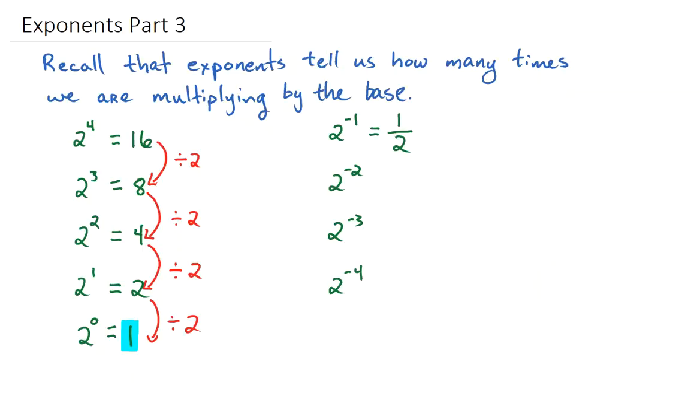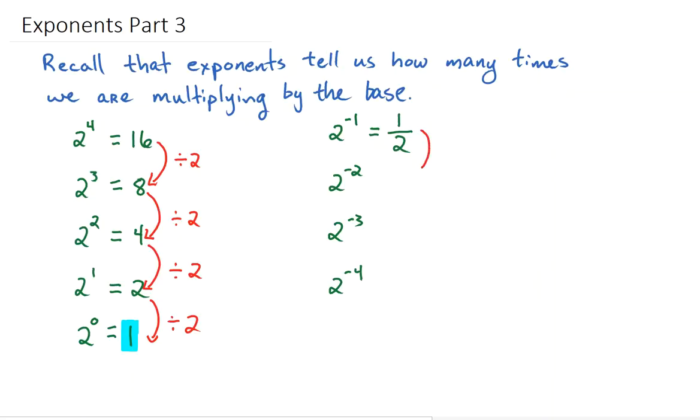Well, that's going to give us 1/2. You could write it as a decimal, 0.5, but we want to keep them in fractions so we can see what's going on a little bit better. So 1 divided by 2 is 1/2. And it's helpful to remember here yet again that a fraction bar means division. So 1/2 is 1 divided by 2.